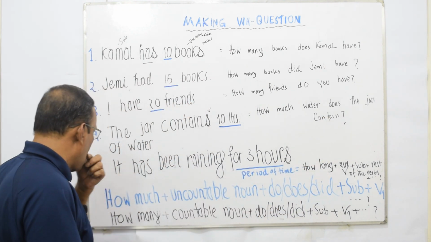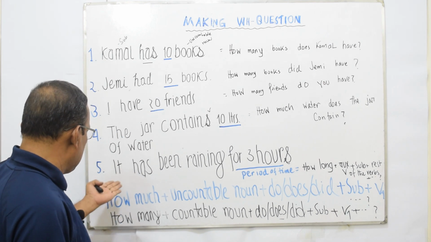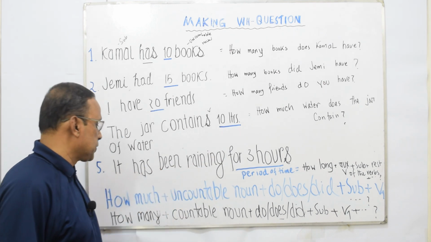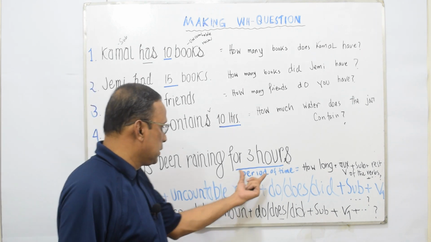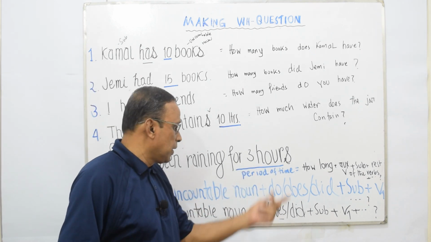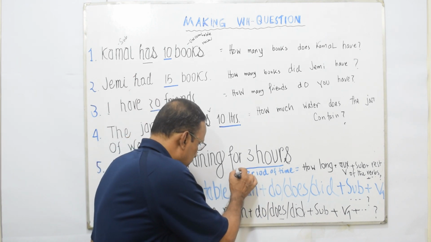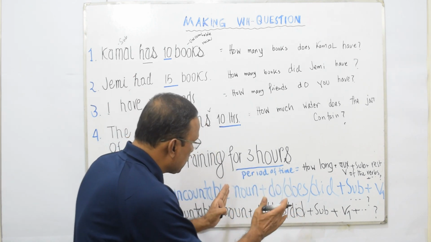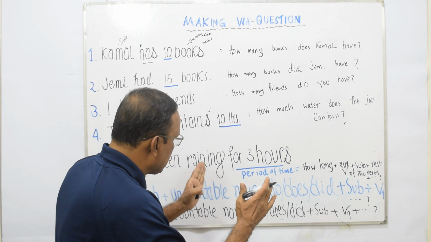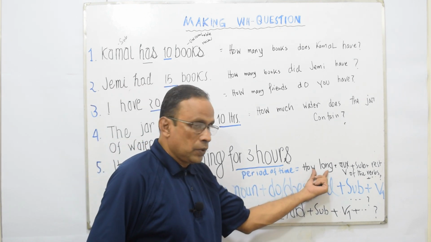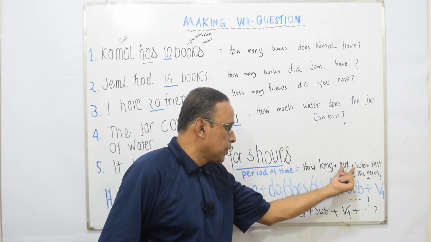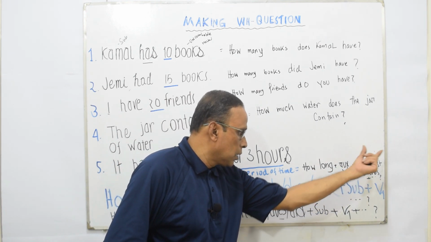Our next sentence is, it has been raining for 3 hours. This is a period of time, for 3 hours. When our mark is just down an expression which refers to a period of time, we have to use how long. Then the auxiliary verb, the subject, and the rest of the verb.